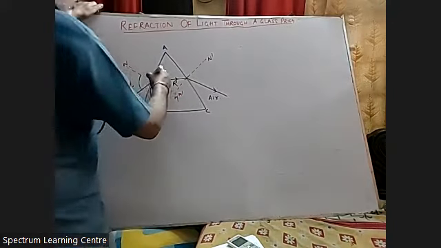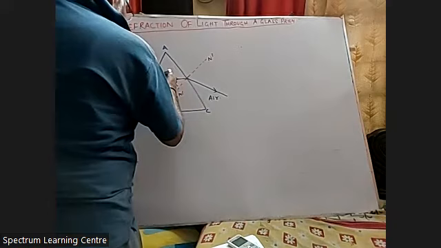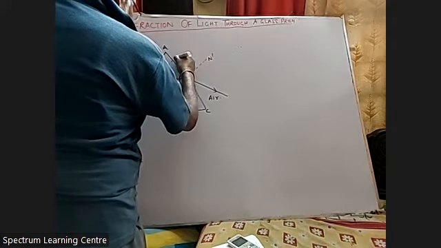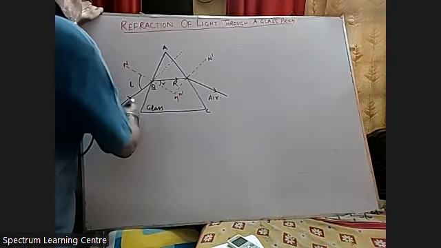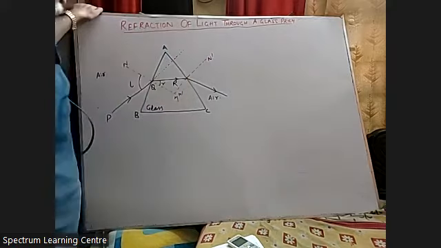Now, can you see? This was the original path of the light or not? Had the prism not been there, it would have traveled in the direction of PQ.